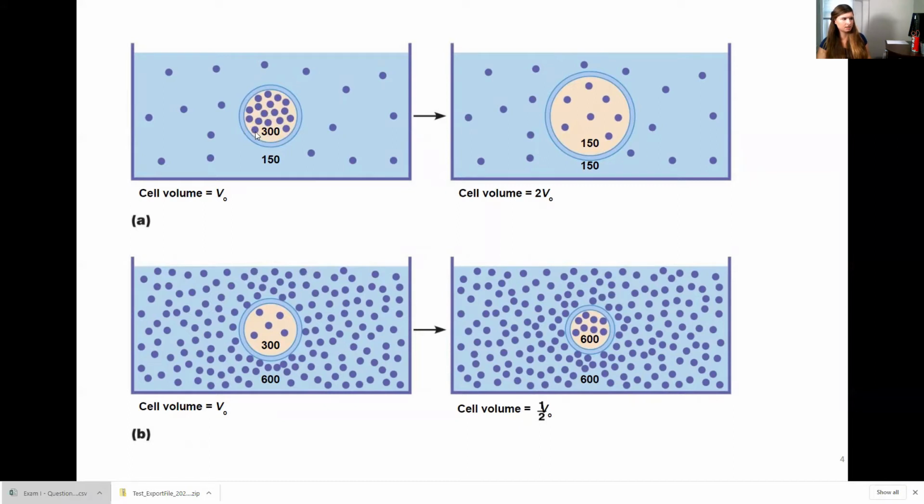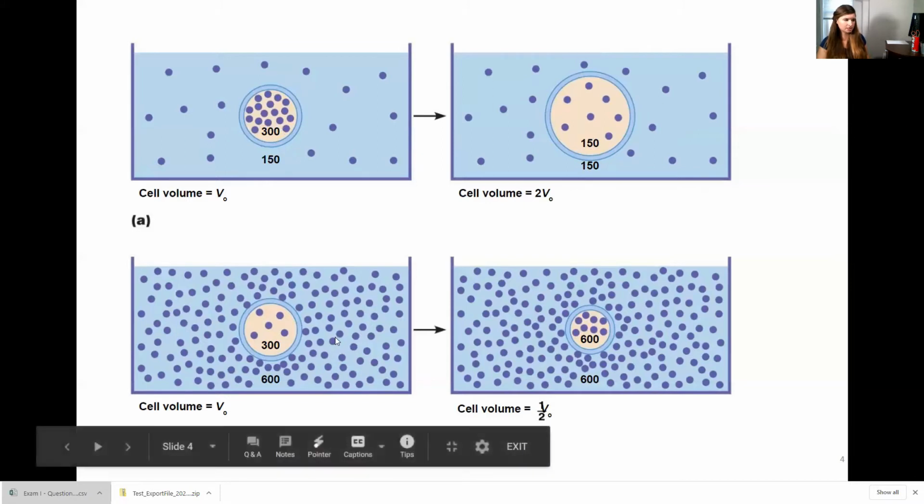So we can see this is 300 milliosmoles. So this is a hypotonic solution because we have fewer solutes outside, more inside. So as we have water moving, this cell is expanding. So we can see that it actually basically doubles in size here in order to bring that concentration of solutes inside down so that we're in equilibrium with the fluid outside the cell.